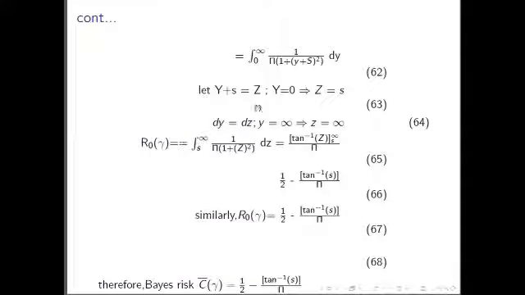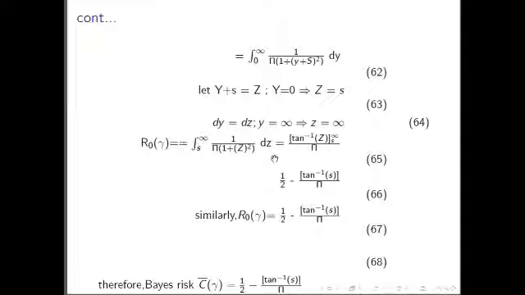In the process of solving for R naught of gamma, we consider y plus s is equal to z. On substituting y is equal to 0, we have z is equal to s. In the similar way, on substituting y is equal to infinity, we have z is equal to infinity. Thus, R naught of gamma is equal to integral s to infinity 1 divided by pi into 1 plus z square.